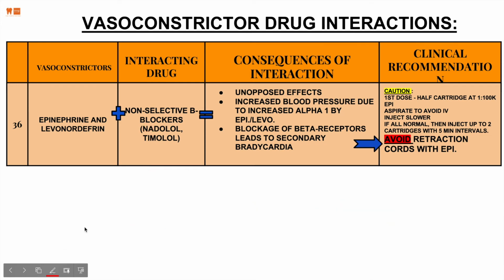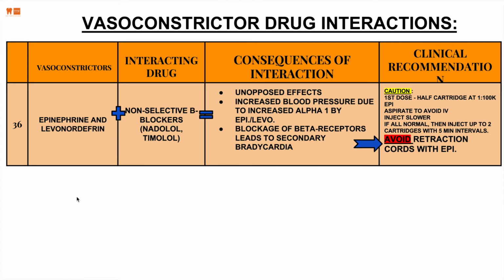Okay, so moving on. Non-selective beta blockers, nadolol and timolol, mixed with epinephrine will have unopposed effects. It will lead to increased blood pressure due to increased alpha-1 activity by the epinephrine and levonorepinephrine, and blockade of beta receptors leading to secondary bradycardia. So think of it this way. We have a video on adrenergic receptors that you can check out to understand the adrenergic system better.